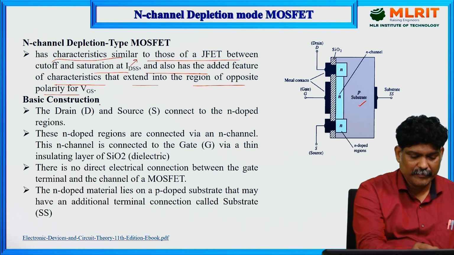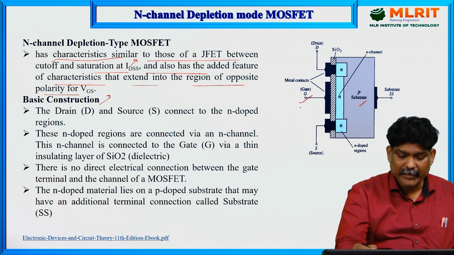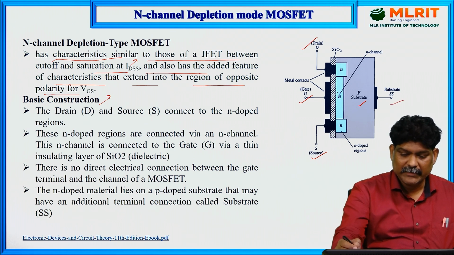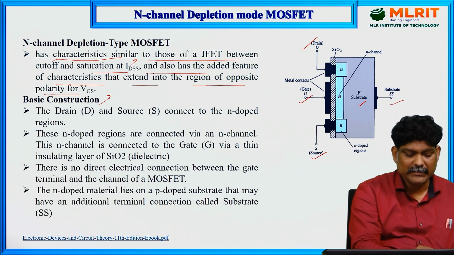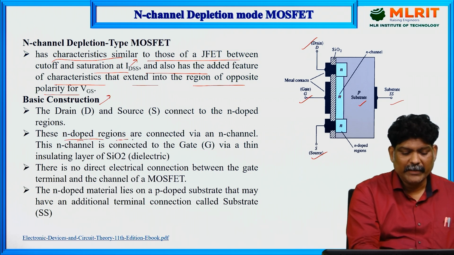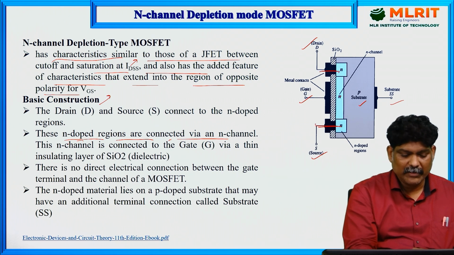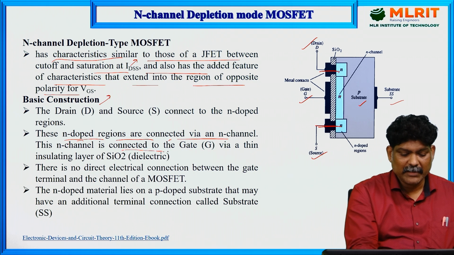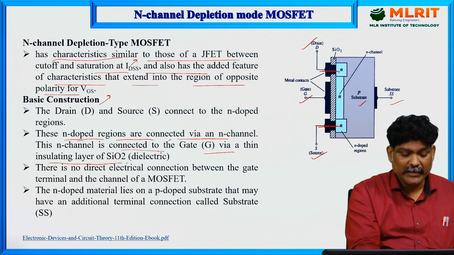So what is the basic construction here? We have a gate terminal, source terminal, drain terminal, and a substrate as the fourth one, and this represents the channel. First we take the n-doped regions, which are connected via the N channel, so that forms the source and drain. This N channel is connected to the gate via an insulating layer, SiO2.